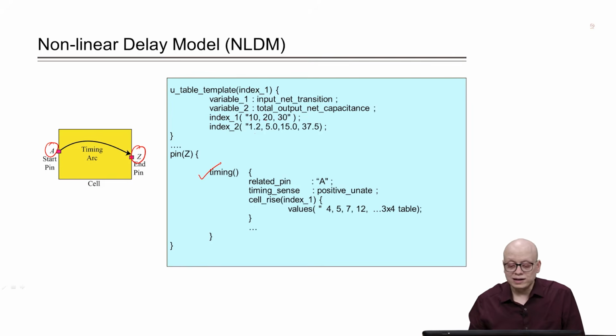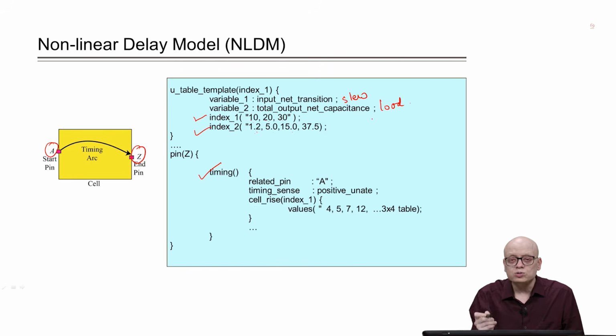At the header there will be say 2 variables, one corresponding to slew and the other corresponding to load, and then we have index 1 and index 2, which show that slew is taking values of 10, 20, 30, and load is taking values of 1.2, 5.0, 15.0 and 37.5.